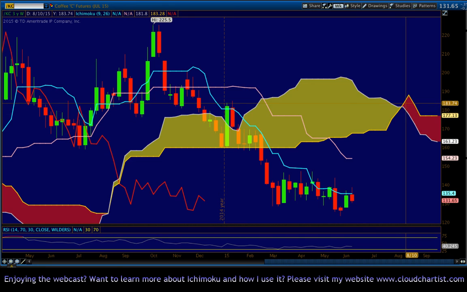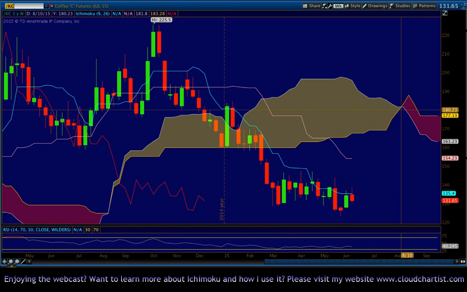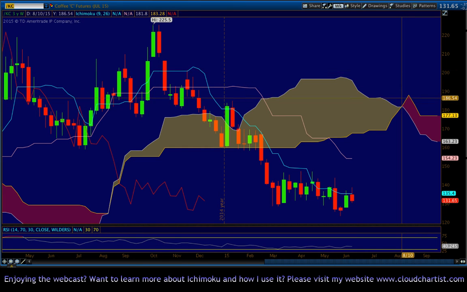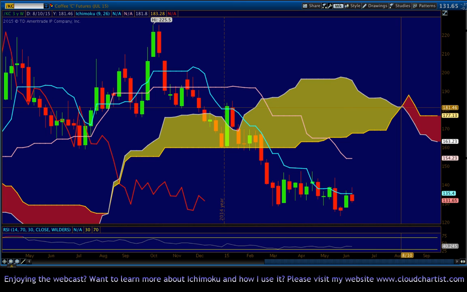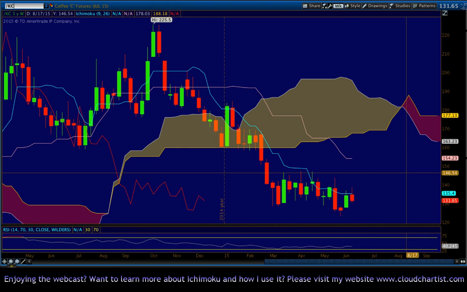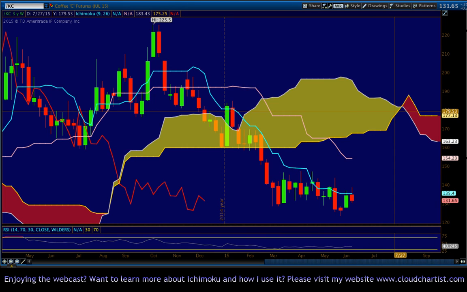And if we do test the twist in the cloud, cloud twists are a very good area for price to be able to break through. So we could actually potentially even break higher above the cloud here. If we're going to do it, this would be the place to do it. So that's like this first week in August. So keep that in mind if you're trading coffee long term. But we really need to get above 155, 160 for that to even potentially be in play.